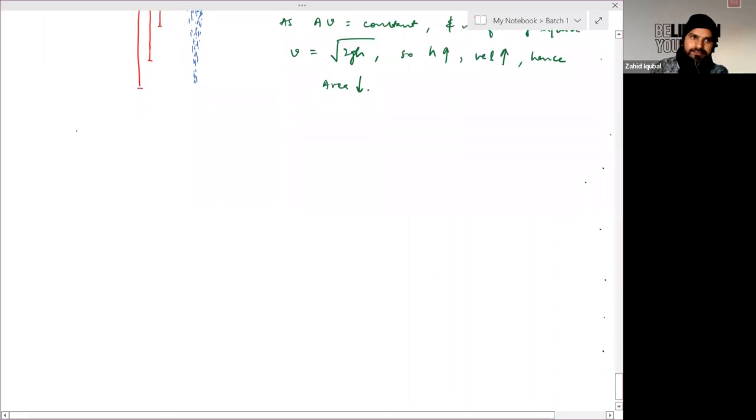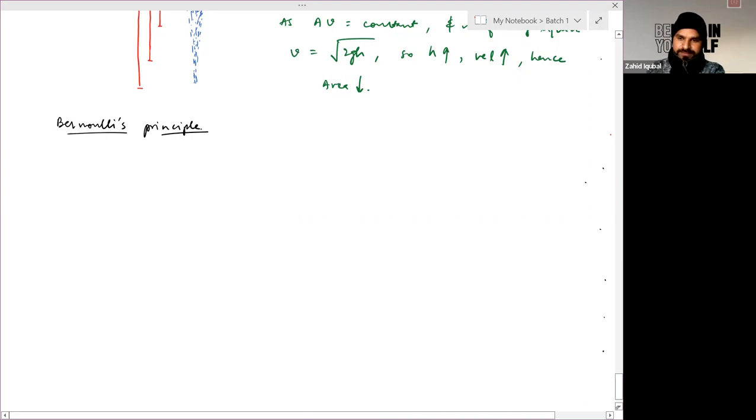Next is most important part of this entire chapter, Bernoulli's principle. You'll be asked to derive this particular principle and a statement in your upcoming final exam.